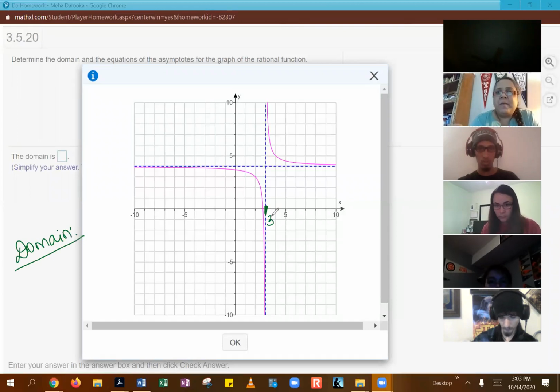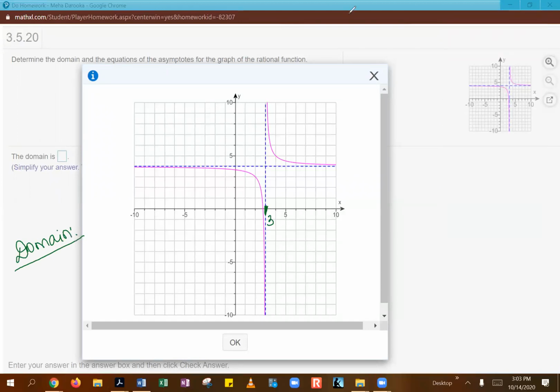Yeah, very nice. So remember, as I was telling you before, the place where you don't have your domain, the number you cannot use for your domain, is the same place where you have your vertical asymptote. So yeah, very nice. Since you can see that dotted line represents our vertical asymptote, that means we can go from negative infinity to positive 3, and then we can go from positive 3 to infinity as long as we're just not including 3 in our answer.